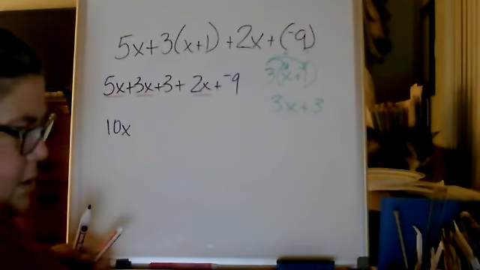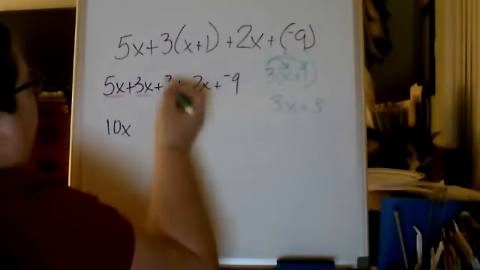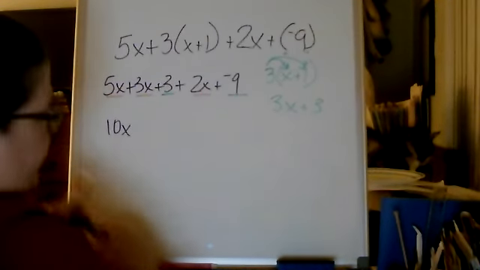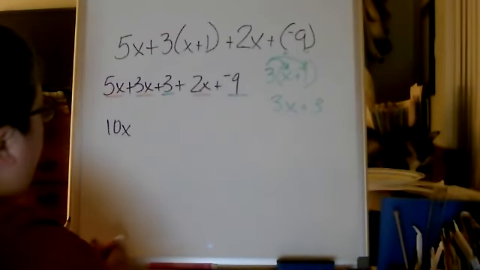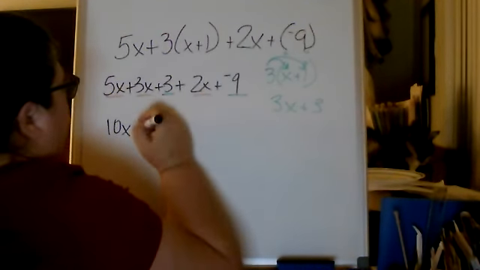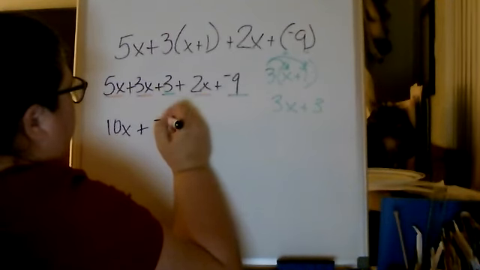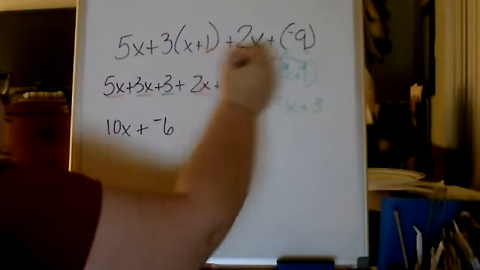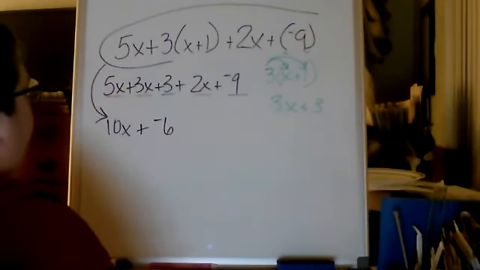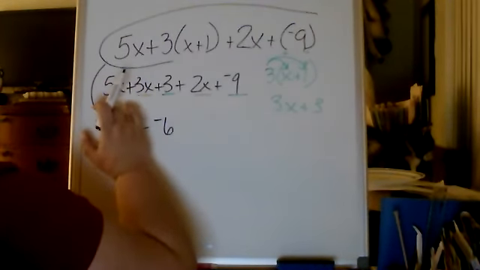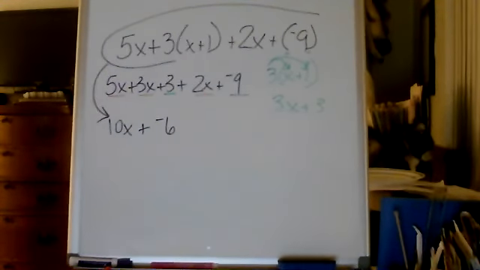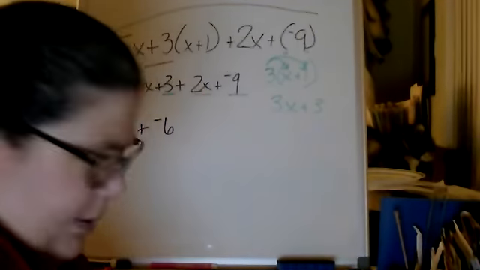And then we're going to add our constants. 3 plus negative 9 is going to be a negative 6. So 10x plus negative 6. We have combined all of this down to that. Okay. I hope that makes some sense. Let's take a look.